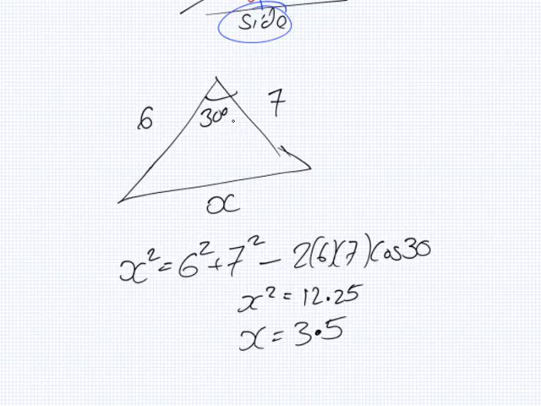So I don't label them in my head as ABC. I'm thinking about it like that. And with the sine rule, I'm thinking about it as the angle over the opposite side equals another angle over the opposite side. Does it matter if you have like 7 squared plus 6 squared minus 2, 7 times 6 cos 30? No, it doesn't at all.